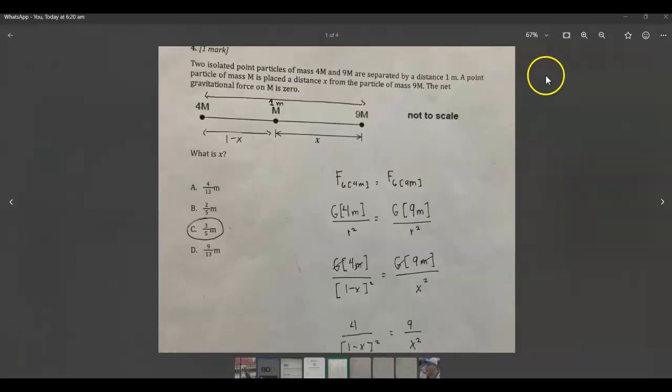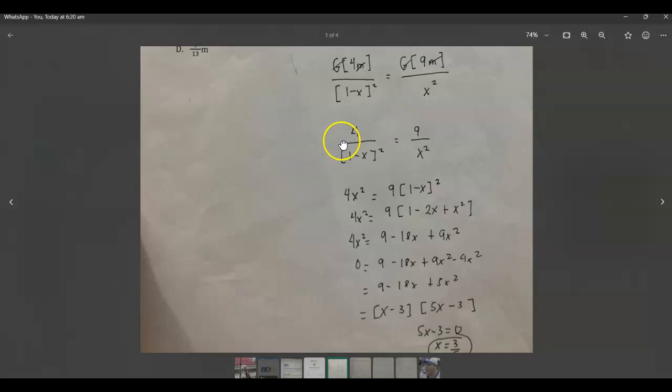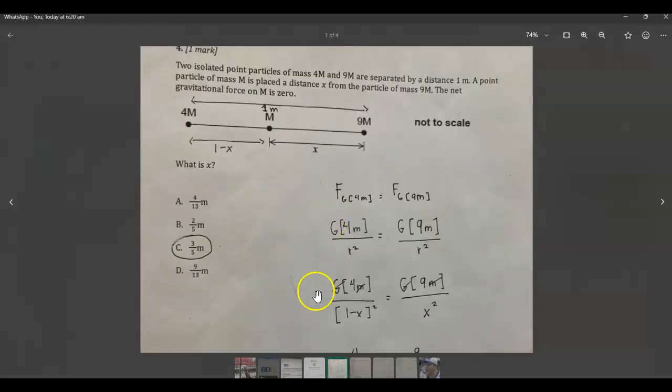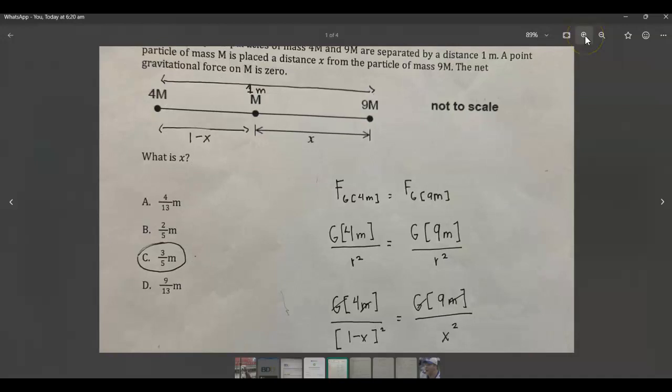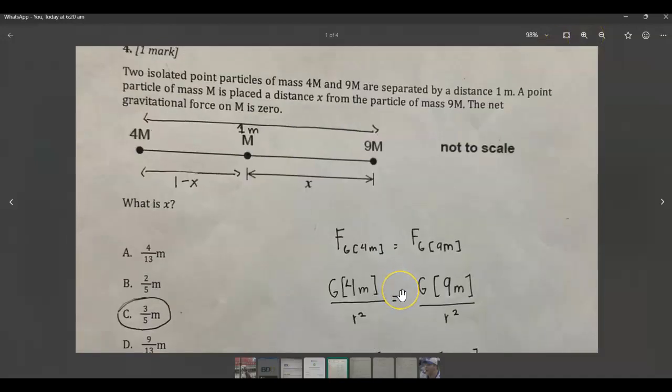We go with the last question that I will discuss because question number 5 is not really difficult. So as you can see the problem here, we have two isolated point particles of mass 4m and mass 9m, which are separated by a distance of 1 meter. A point particle of mass m is placed between 4m and 9m.